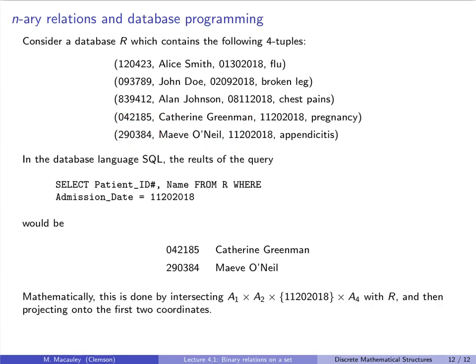Mathematically, all we are doing is intersecting the Cartesian product A1 cross A2 cross 11/20/2018, that's this date that we were looking for, with all of these elements in R. And then we are projecting onto the first two coordinates.